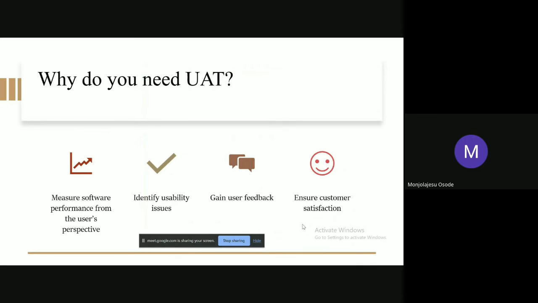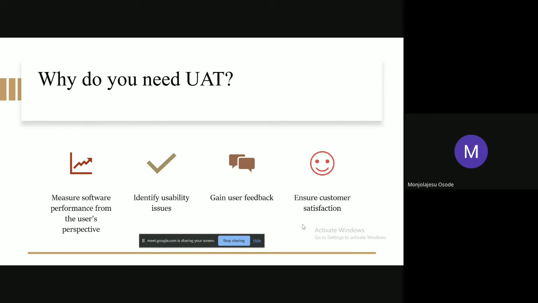All right. So why do you need UAT? Why do you need to conduct user acceptance testing? First, you want to measure the performance from the user perspective. You want to hear about their concerns, what they love most, what they don't like, where they are having issues, where they think you could improve. Note, this is not them telling you to add a feature.